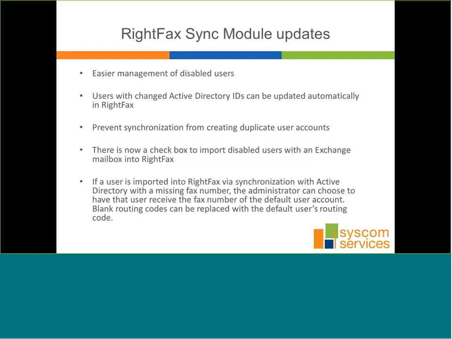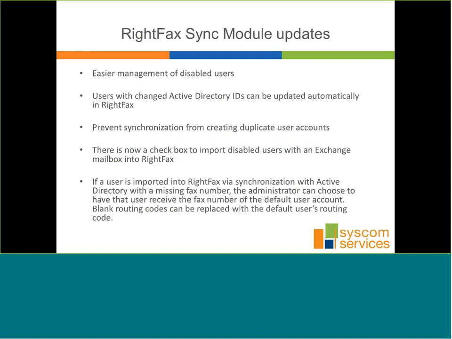So, in an effort to continually make improvements to the synchronization between RightFax and Active Directory, customers are constantly making feature requests to OpenText to improve this capability. So some of the things that they've done in Feature Pack 2 is, one, they have added management of disabled users.